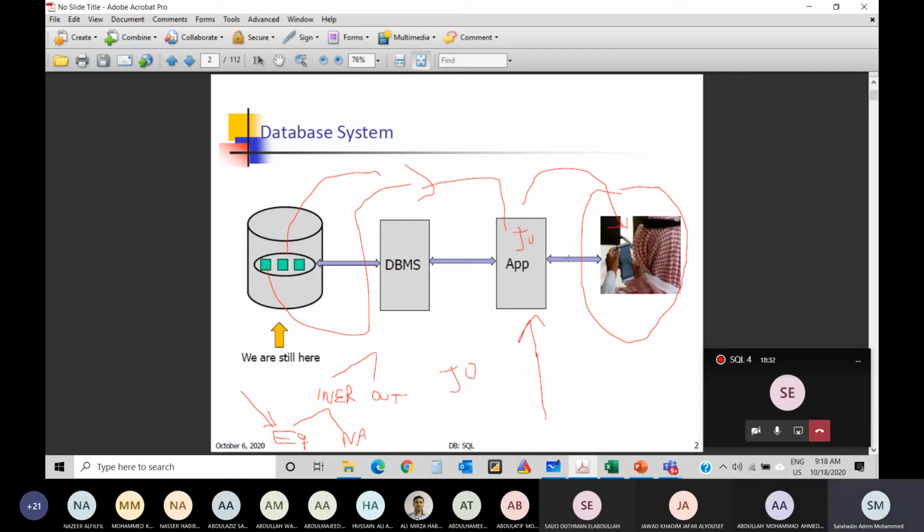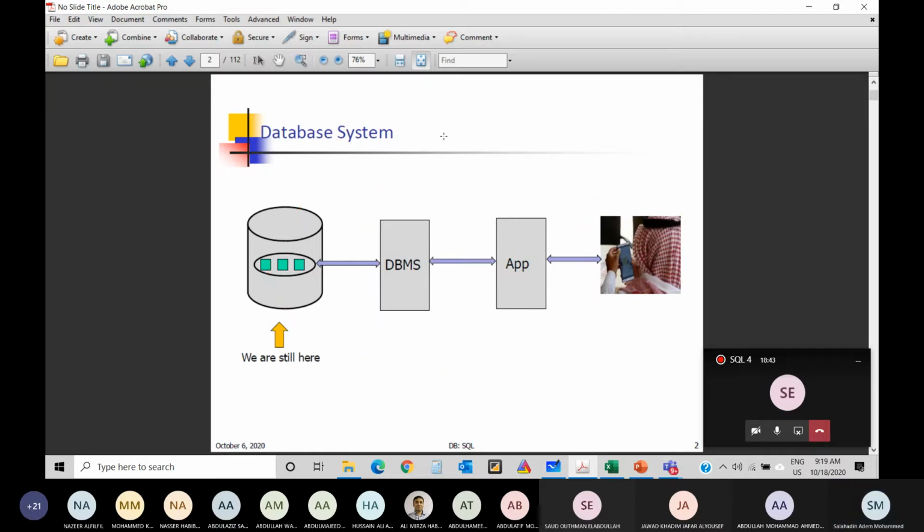Let me repeat again, just to make sure. We have two kinds of joins: outer join and inner join. What is the difference between the two?